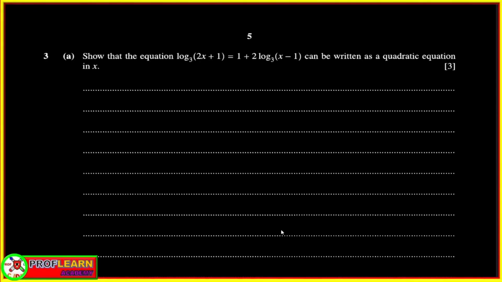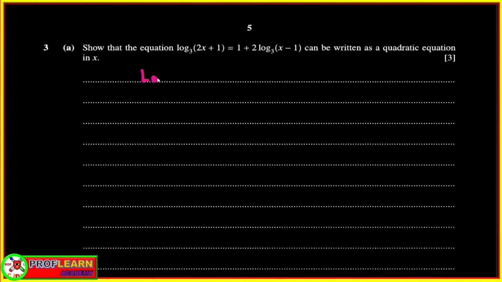This will give us every reason to move to the next question, whereby we're supposed to show that the equation log base 3 of (2x plus 1) equals 1 plus 2 log base 3 of (x minus 1) can be written as a quadratic equation. We approach it this way: I am going to take this to the other side, then I'll write 1 there.